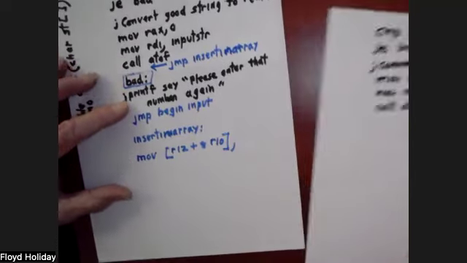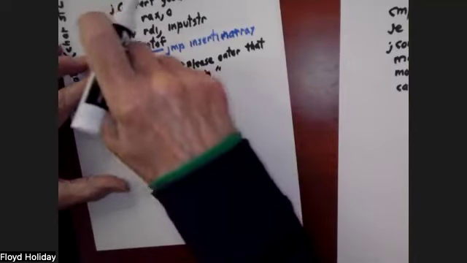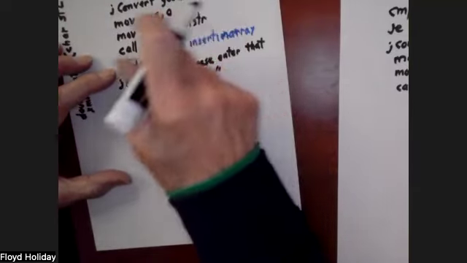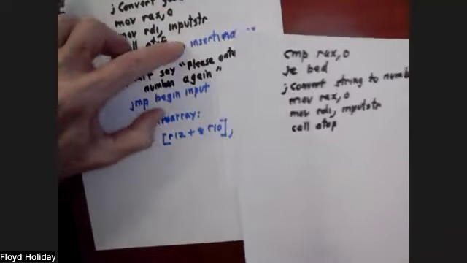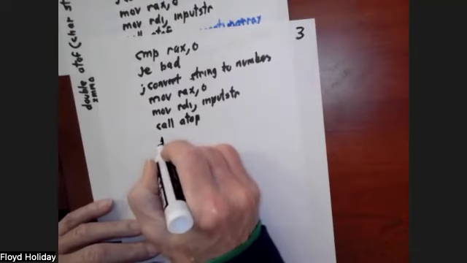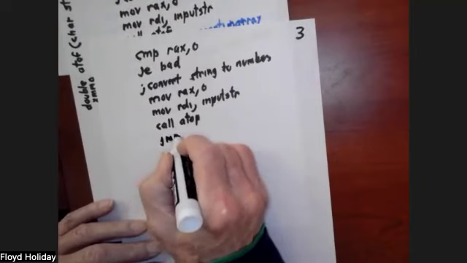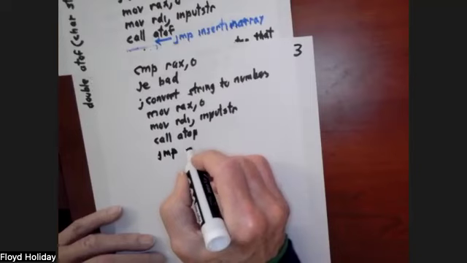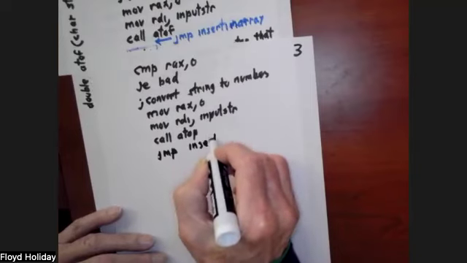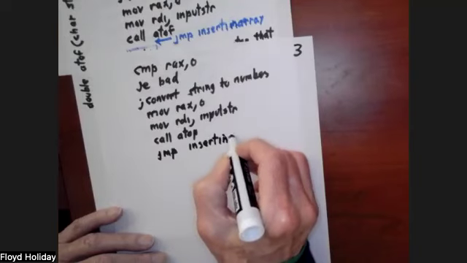Maybe it's okay. At this point, oh yeah, that blue ink needs to be there officially. JMP to insert into array. Insert in array.